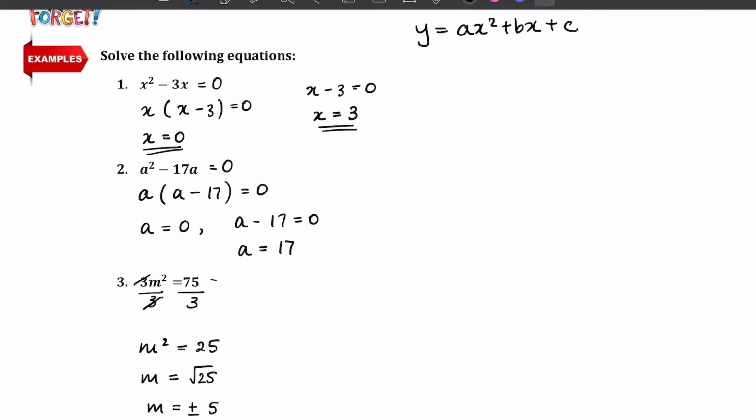It can be positive 5, or m can equal negative 5. And it's important that you acknowledge that m can be both. Remember, the reason being, if we square positive 5, we will get an answer of positive 25. And if we square negative 5, we will also get positive 25. Hence why m can be 5 or it can be negative 5.